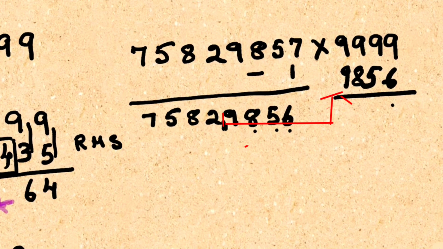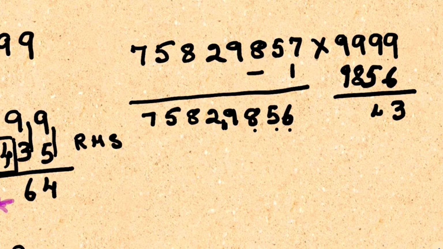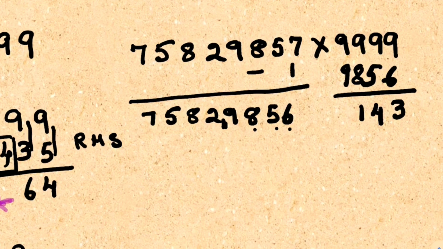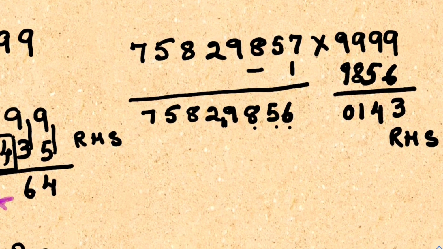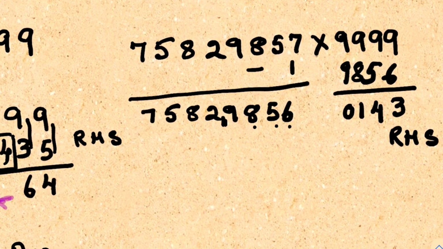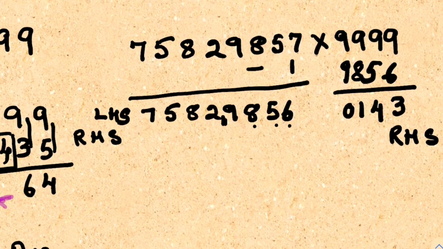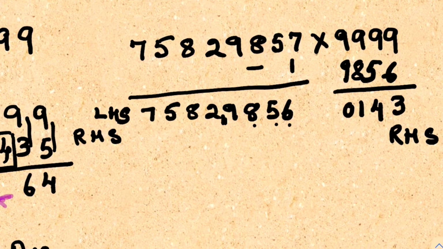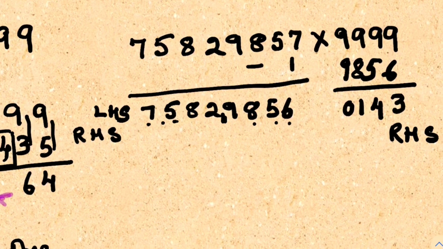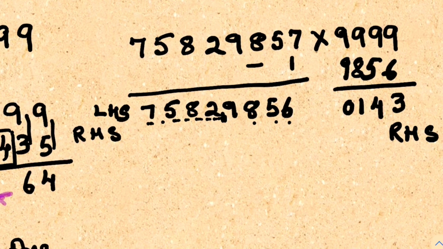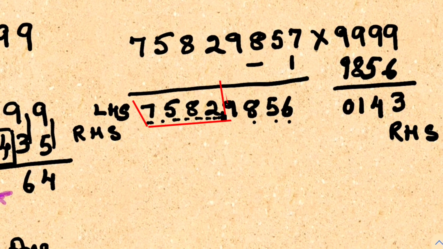We get 3, 4, 1, 0. Now this is our right hand side. To get left hand side, we have to subtract this leftover number, the leftover digits, from the whole number.